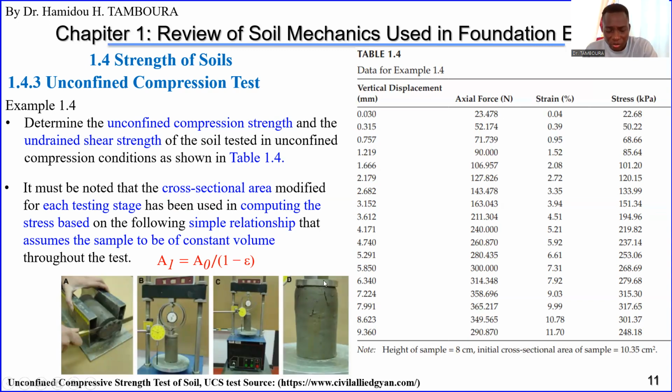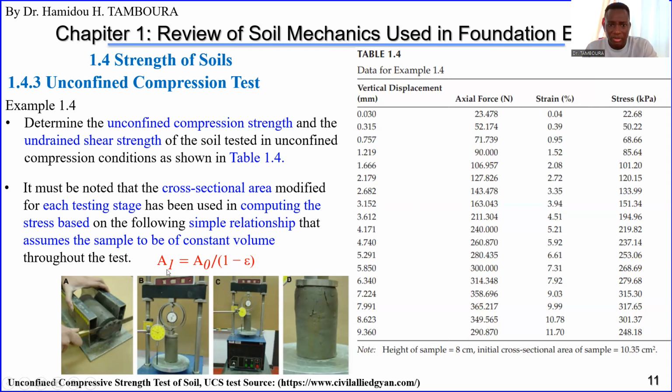For example, when you are applying the force, you see this cross section will not be the same at the top and the bottom. So you have to correct for each step. For example, at step number 1, you take the initial cross section divided by 1 minus the strain.